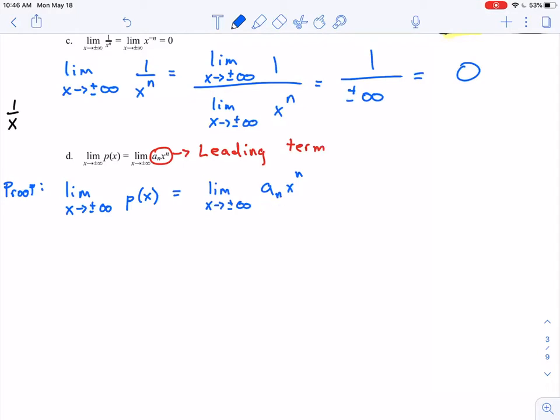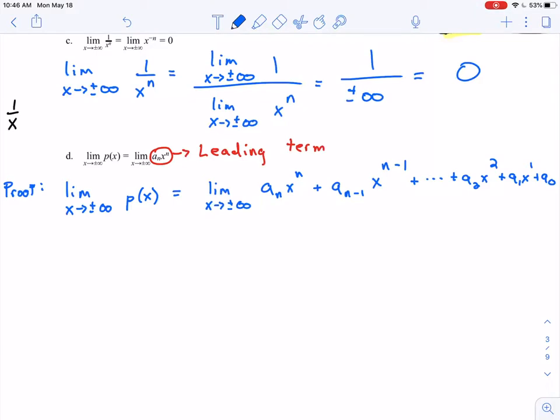Plus another number times a slightly lower power of x, right? So here I might have x to the third. And you continue that process until at some point you'll end with a power of x squared, a power of x, and then perhaps a constant term at the end.